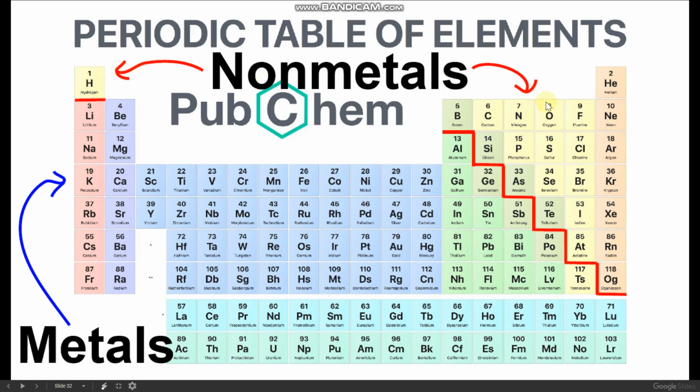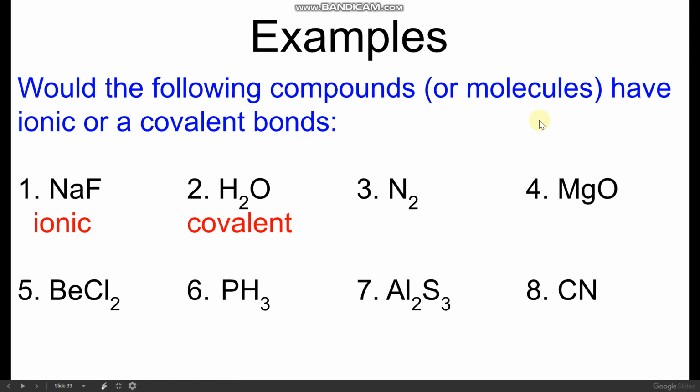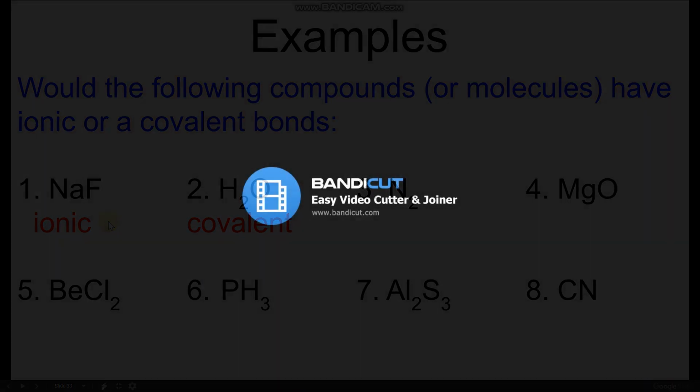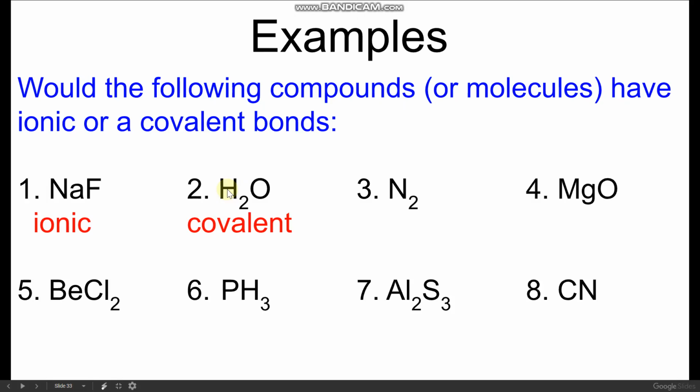So when you have 2 nonmetals, we call that covalent. So, quick review. Sodium was a metal, fluorine was a nonmetal. When you have a metal and a nonmetal, it forms an ionic bond. Hydrogen was a nonmetal, oxygen was a nonmetal, so this forms a covalent bond.